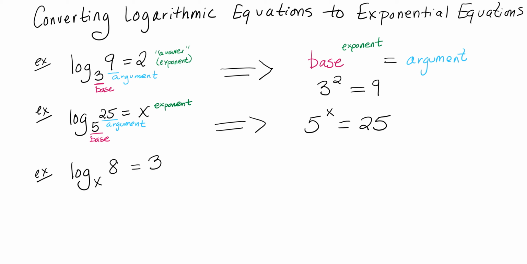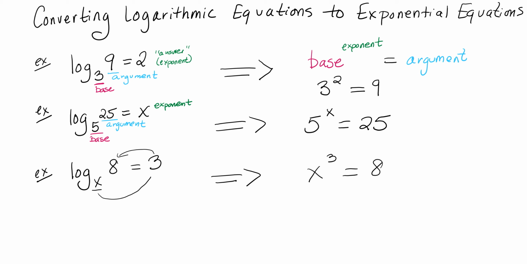Let's do the same thing with this last one. Let's do it this time without identifying anything. So we're starting off with our base. We're going to then raise it to the 3rd power. And this is going to equal the 8. So you can see I kind of did a backward C motion. If you've seen the other video with converting exponential to logarithmic, it's the same motion.